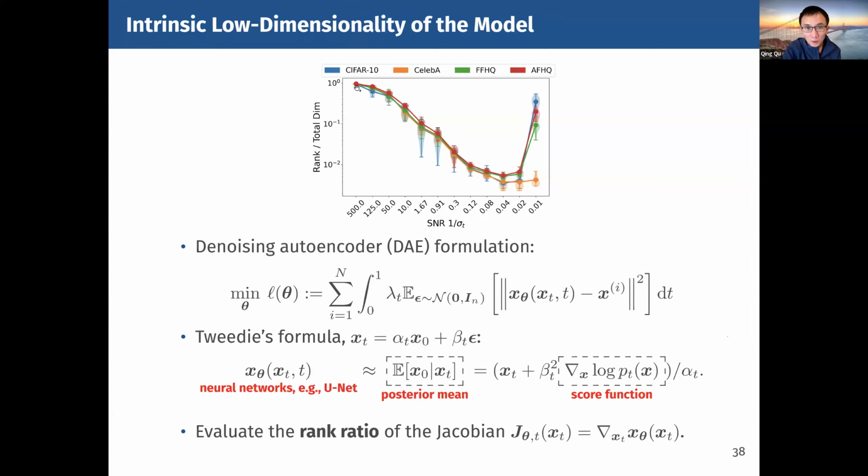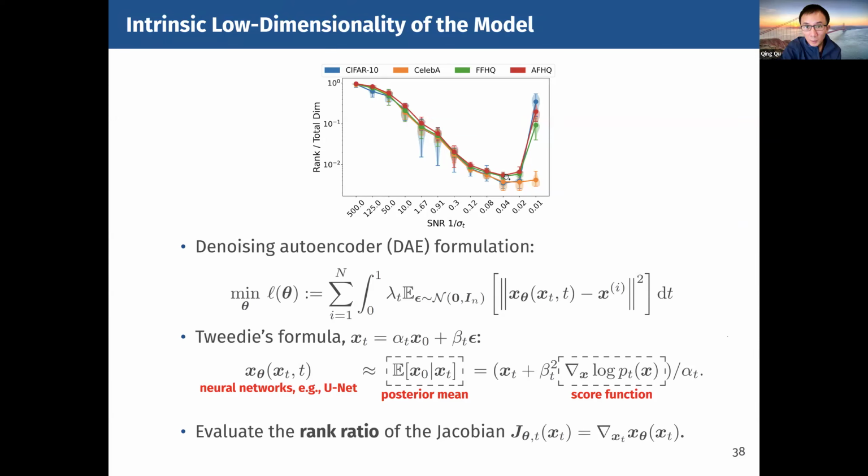This is the rank dynamics across different noise levels, where the y-axis is the numerical rank of the Jacobian divided by the total dimension, and the x-axis is the different noise levels. You can see that even on different datasets, at some intermediate noise level, the rank ratio is beneath 10 to the minus 2, which means that the intrinsic rank of your learned DAE is very low.